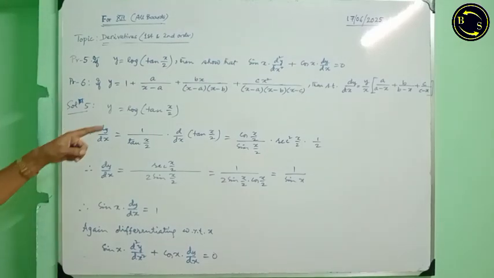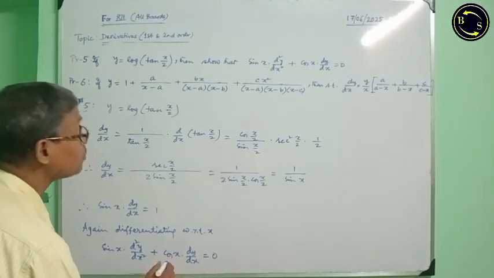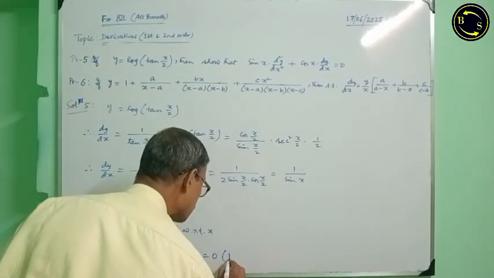Now we see this is the result. Sin x into d2y by dx2 plus cos x into dy by dx equal to 0. Good.